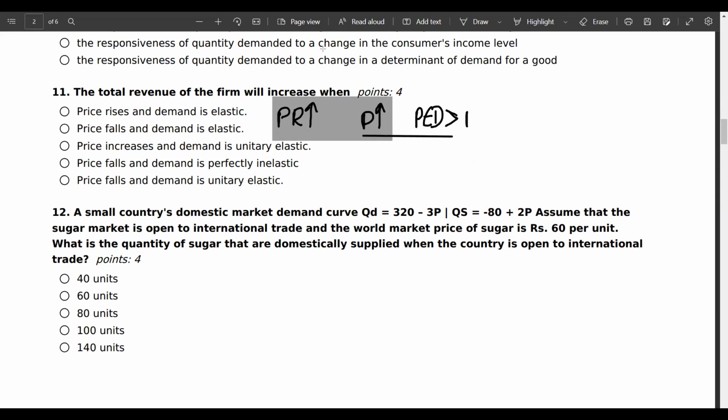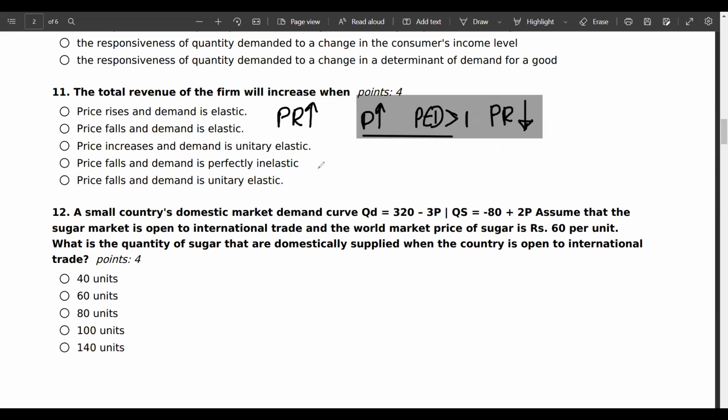That means if price is rising when the PED is greater than 1, producer revenue would actually drop. So the first answer is out here. That can't be the answer for this question.